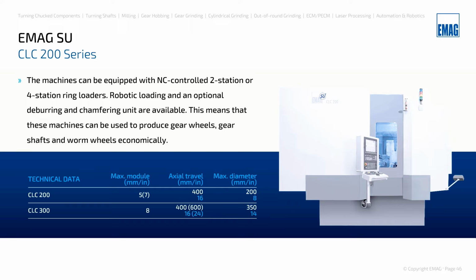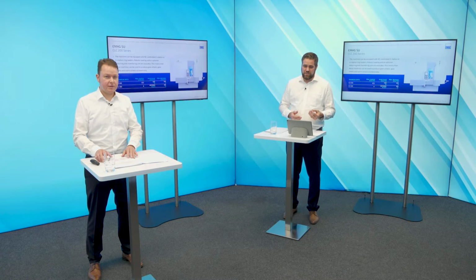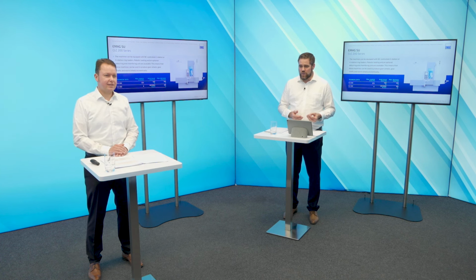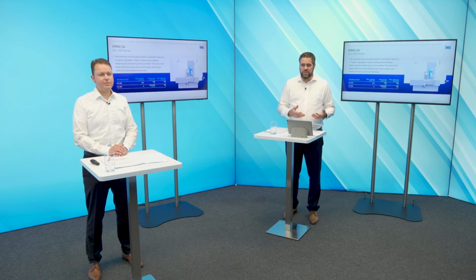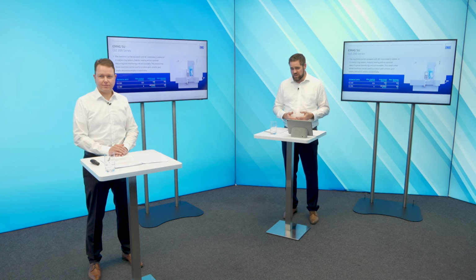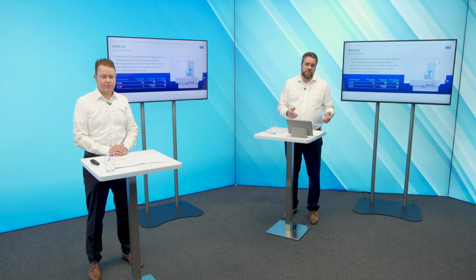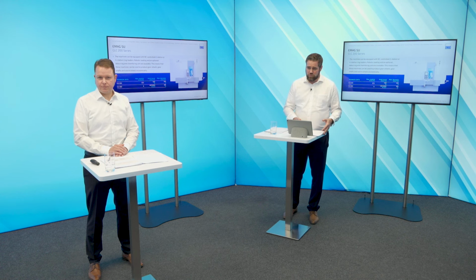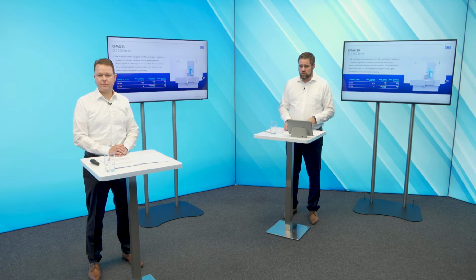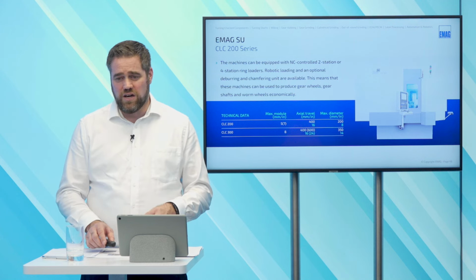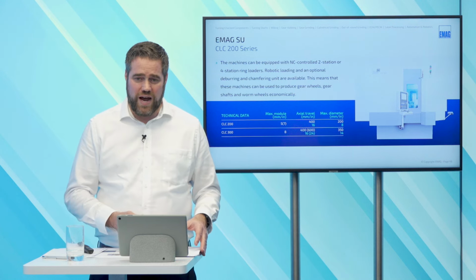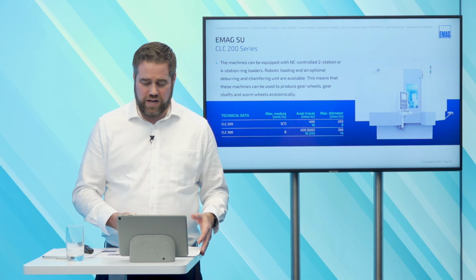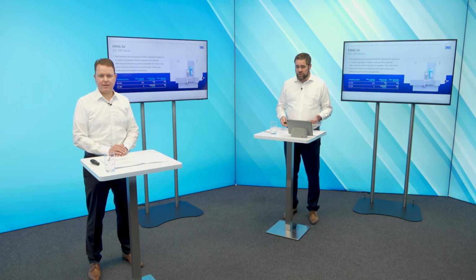And I have no slide for this at the moment in this presentation, but what is important as well, we can also provide you machines for the hard fine finishing operation with thread wheel grinding machines, G160, G250, G400, where we can do thread wheel grinding and as well profile grinding. And we have different other machines in our portfolio for rotor shaft milling and as well rotor grinding. So many interesting products in our portfolio for gear production.